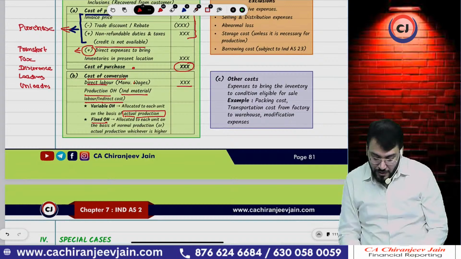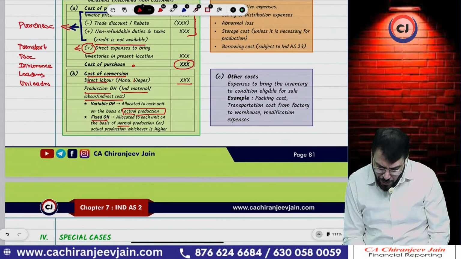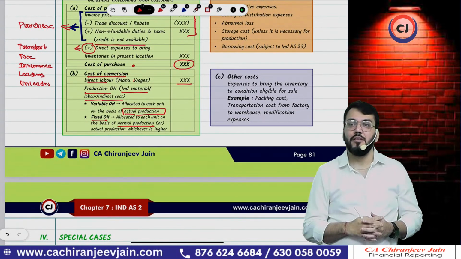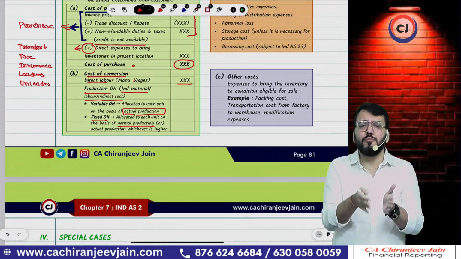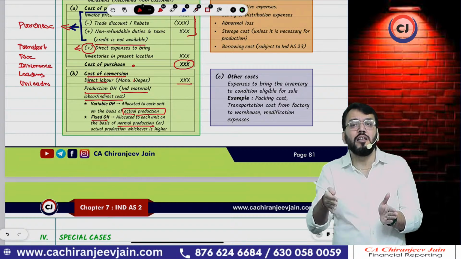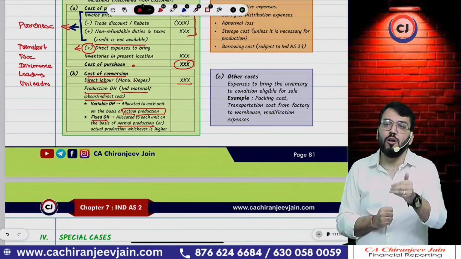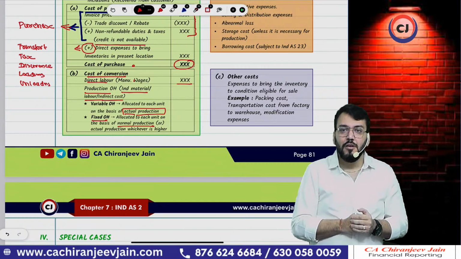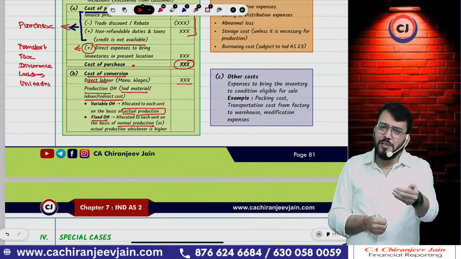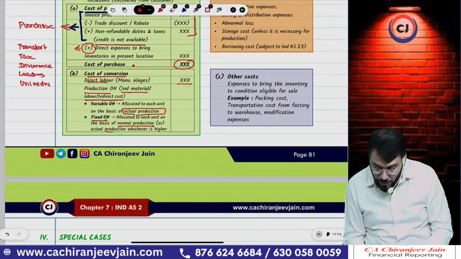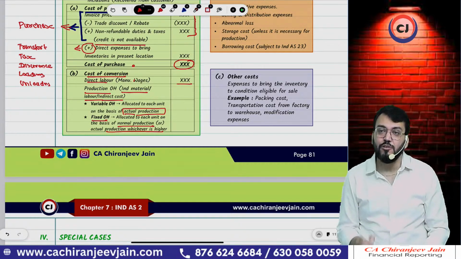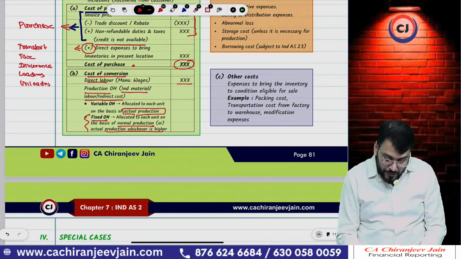Normal production is any production which can be generated with the normal level of efficiency. Normal production will be given, actual production will also be given. We'll take the higher one, and based on that, we'll allocate fixed overhead to each unit. Got this point?